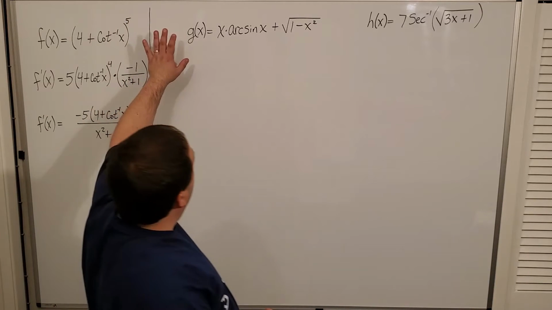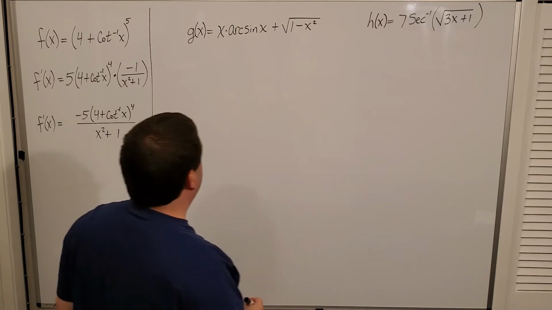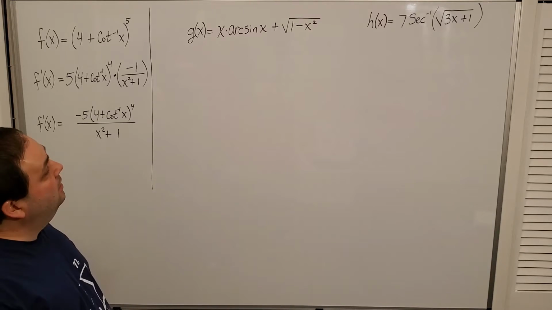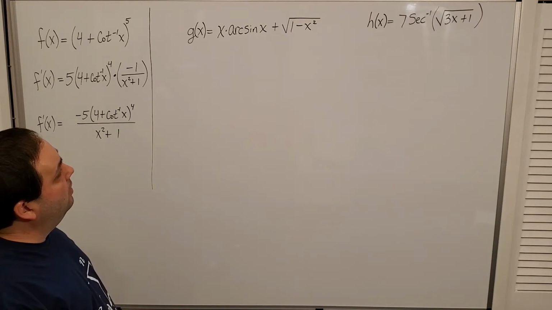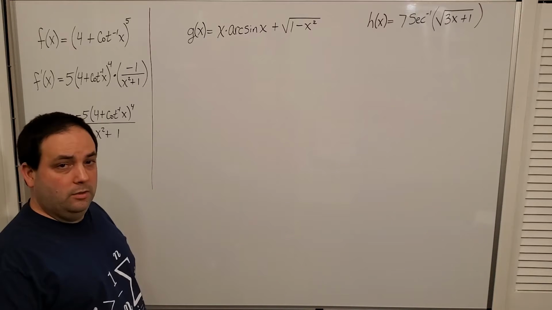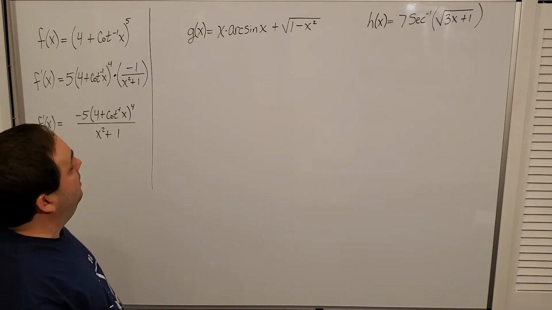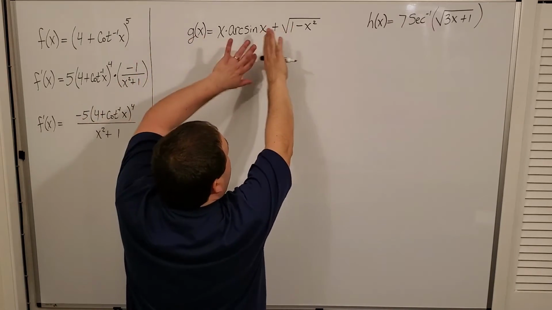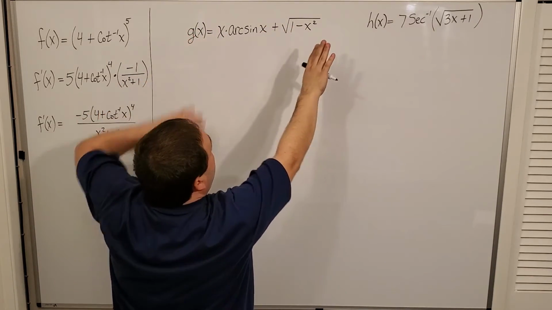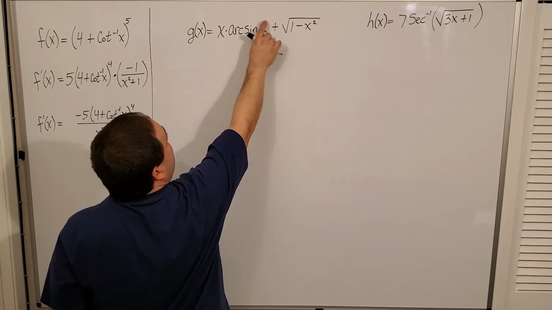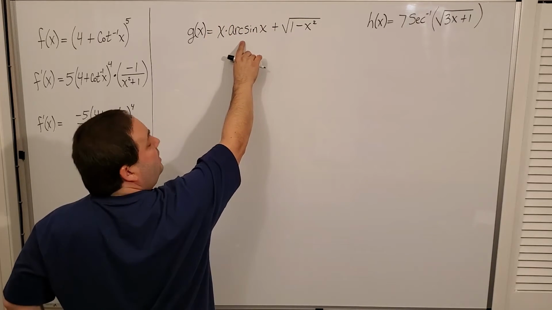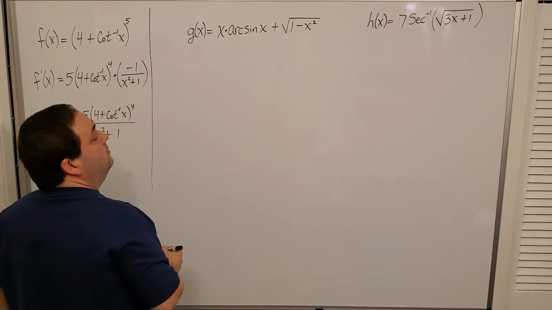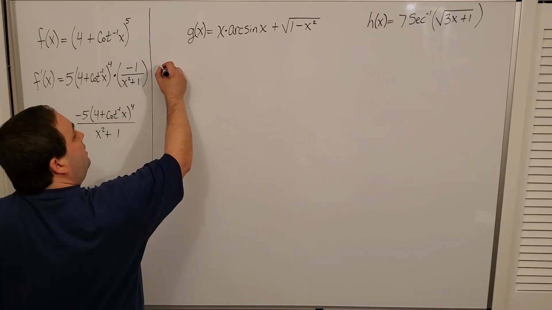Next, I've got g of x here, which is x times the arcsecant of x plus the square root of 1 minus x squared. So then, what I want to do here, of course, with the plus sign, is do the derivatives of these separately. And noticing that this, of course, is a product rule, because of the multiplication here. So let's begin.